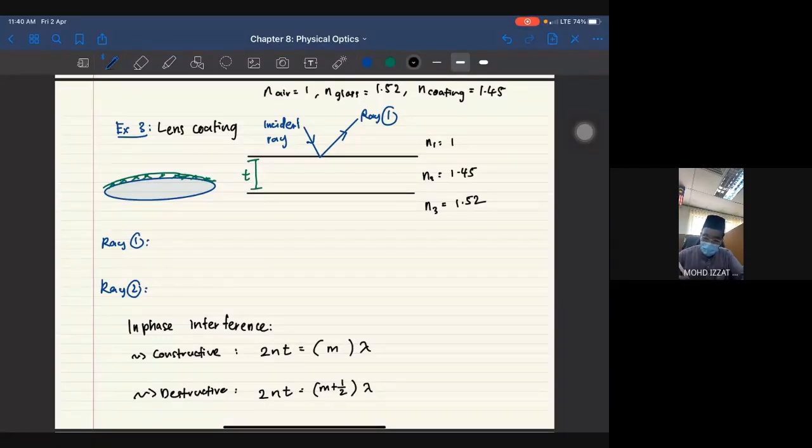So from 1 to 1.45 it undergoes a phase change of pi radian. Radian is the unit. So you have to write it.